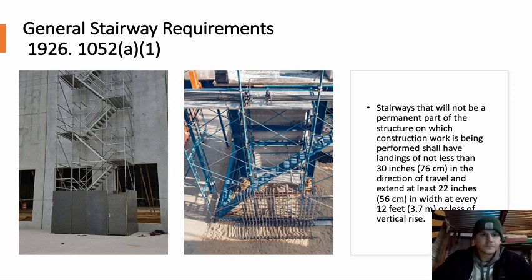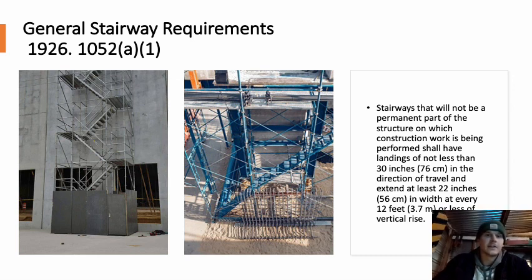Let me explain the pictures here. On the left, this is the correct one, the one we like to see. It's very safe. You can see that it has 30-inch landings, probably before every 12 feet, and there's 22 inches of width on those landings. So the left one, perfect.